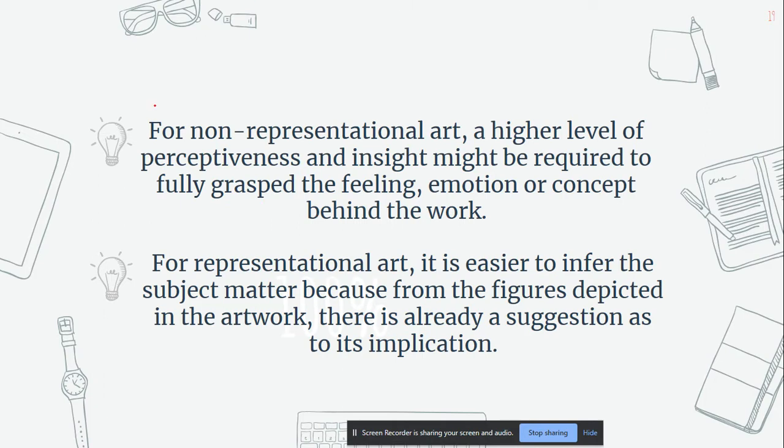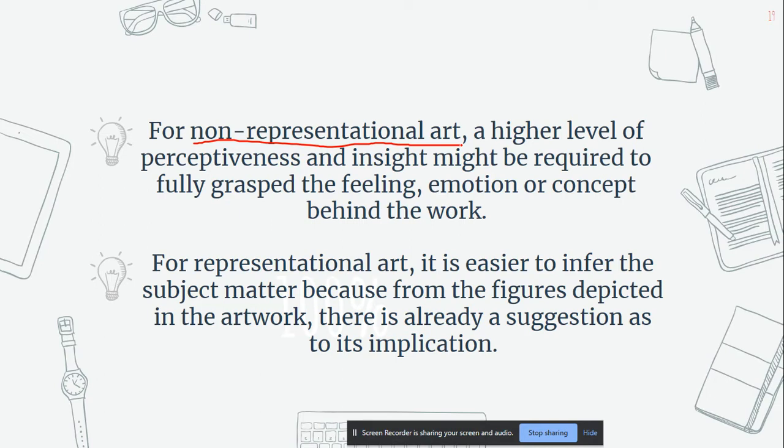Okay, so remember that to understand a non-representational art, because it may look messy, unorganized, or anything. That's just a combination of colors or splashes of colors.